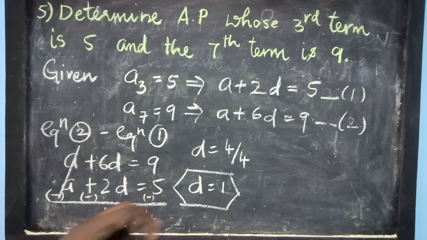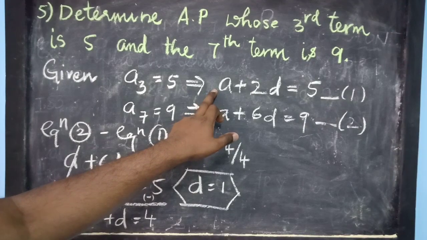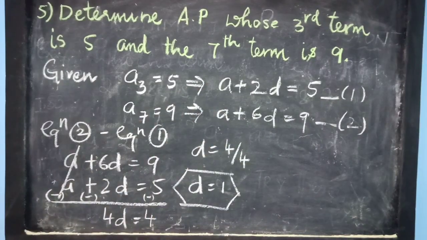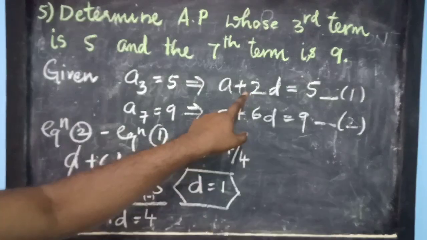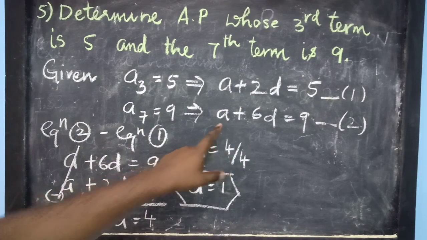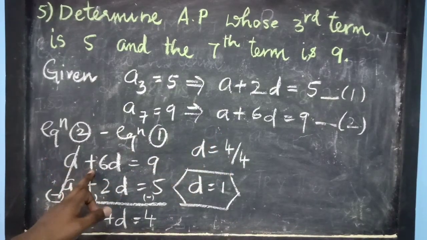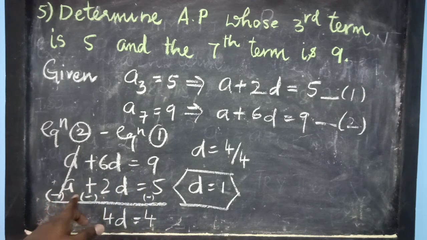Students, let me explain again. These are the two linear equations in two variables. Now, what do I do? I'll subtract equation 2 minus equation 1 so that I can cancel out the terms a. Now a plus 6d equals 9, a plus 2d equals 5. All the signs will get changed.